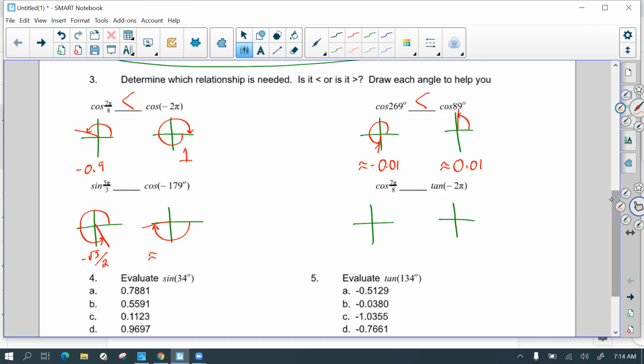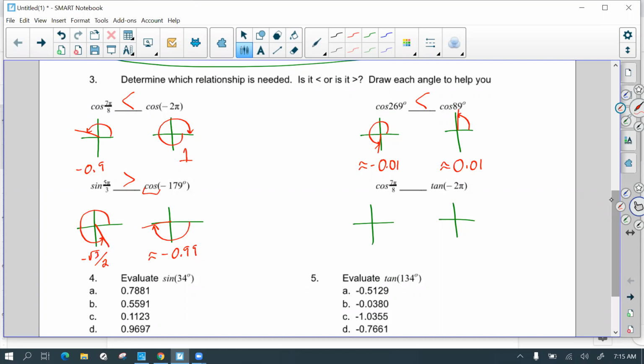So since cosine is the x value, and it's very, very close to 1, much closer to 1 than negative rad 3 over 2 was. So which side is bigger? Negative rad 3 over 2 is just greater than negative 0.99. It's closer to 0. And when you're talking about negatives, the number that's closer to 0 is going to be the bigger number.